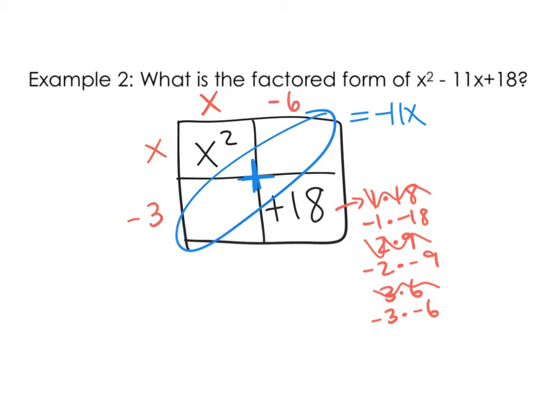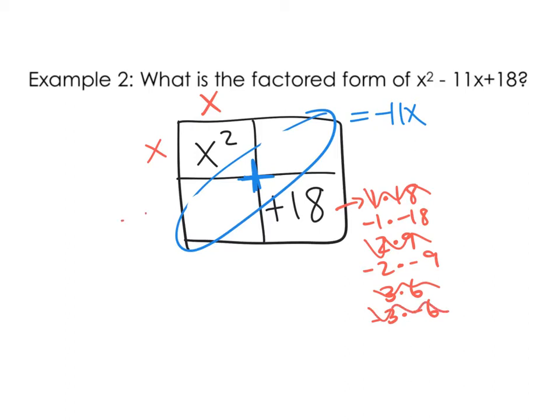So negative 6 times x would be negative 6x. Negative 3 times x is negative 3x. And if I check this on my calculator, a negative 3 plus a negative 6 is not going to add to be negative 11. It's going to give me negative 9. So this option did not work. So we got to try another one. I'm going to cross that one off.